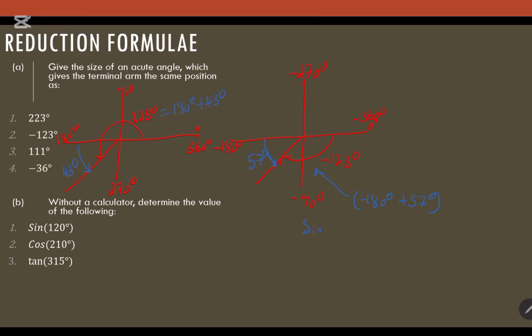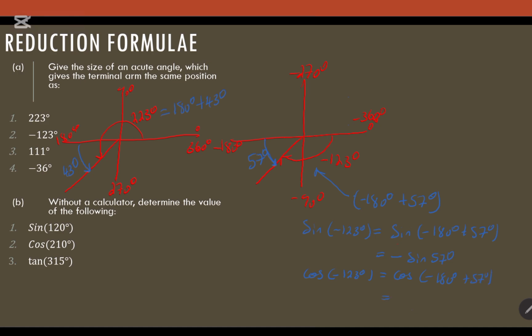If I'm looking at sine of negative 123 degrees, I can simply write this as sine of negative 180 degrees plus 57 degrees. In the third quadrant, only tangent is positive. Therefore, this will give us negative sine of 57 degrees. Similarly, if I have cos of negative 123 degrees, this will be cos of negative 180 degrees plus 57 degrees.